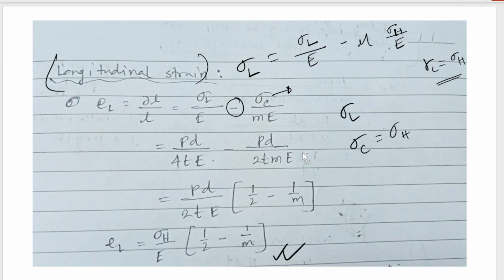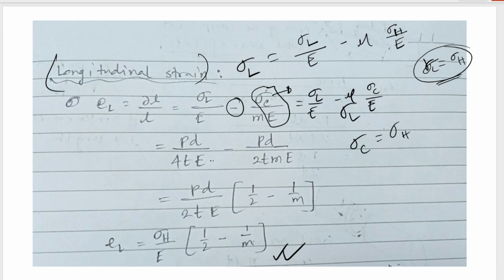You will find this circumferential stress times 1 by m. So you can write it like this as well: sigma L over E minus mu times sigma c divided by E. Sigma c is the same as sigma h. Both are the circumferential stress, or the hoop stress.